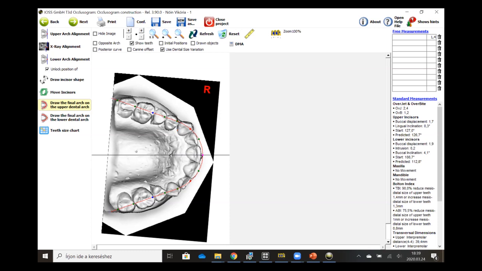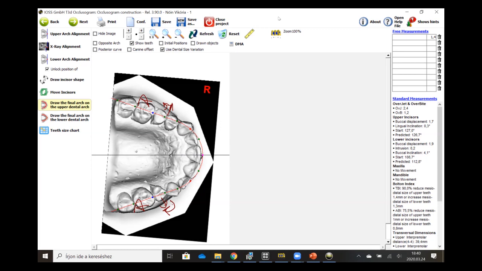I will go on drawing this. So this is anchorage. This is anchorage. You might consider a little bit of rotation here, but it's not significant, and a little bit of expansion here. You can do this maybe in the first month or two, or you can do it at the same time when you start working with the anterior.